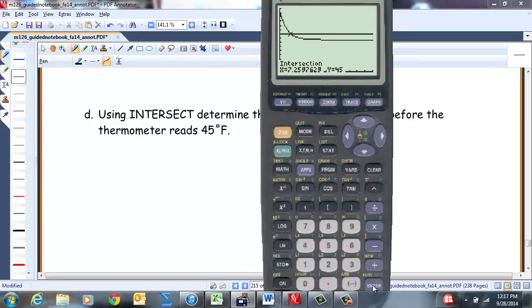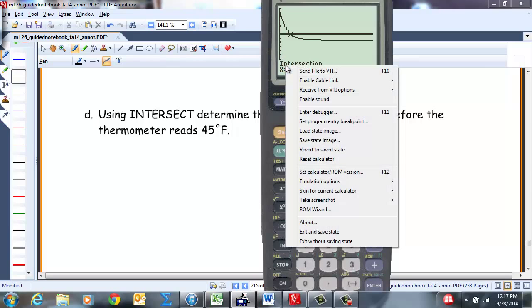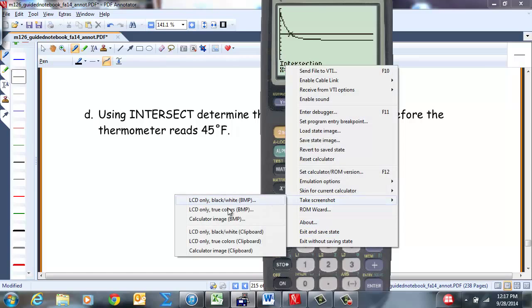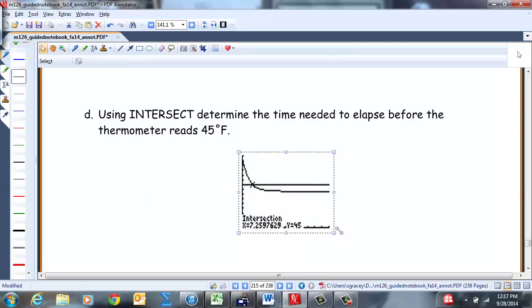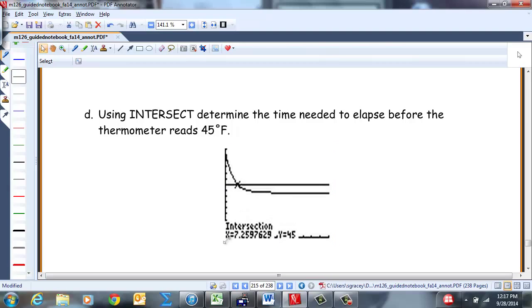And this is our result. Again, this is from 0 to 75, and that goes to 60 on the t.